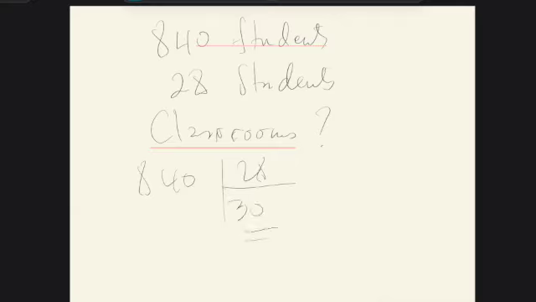Now here's your challenge. Suppose enrollment grows to 980 students. How many classrooms would you need to accommodate that surge? Don't tell me. Write the answers in the comments below. Let's see who gets it right.